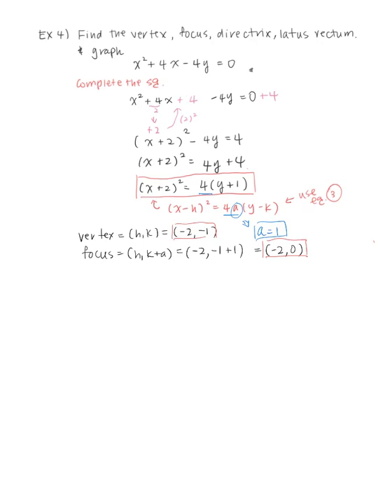And what's next? Directrix. In this case, y equals k minus a, so y equals negative 2. That's the line of the directrix. Let's sketch this out and see what we get.